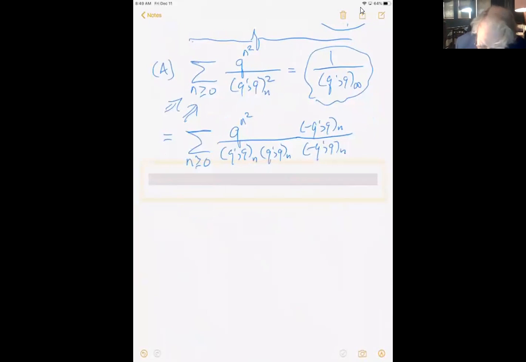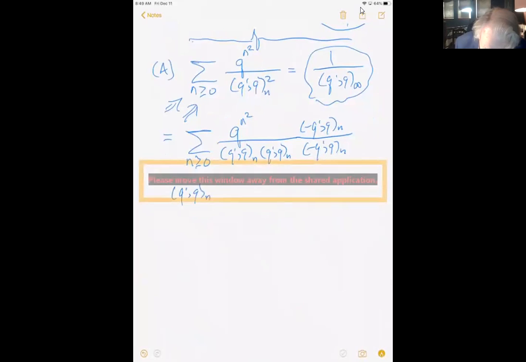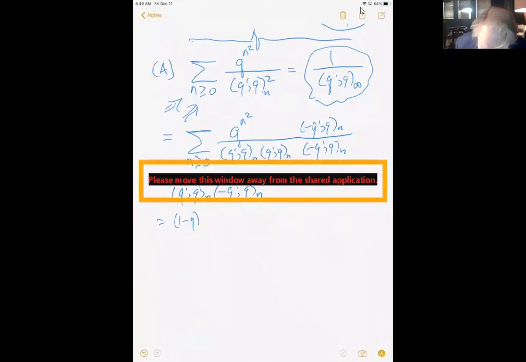Well, look, what is q sub n times minus q sub n? It's equal to 1 minus q squared up to 1 minus q to the n. And then the next one is 1 plus q squared, up to 1 plus q to the n.